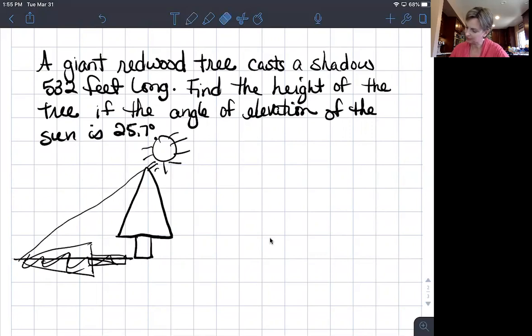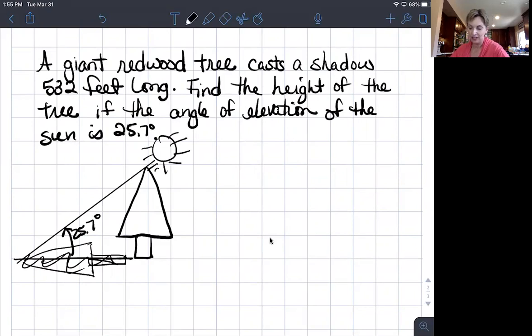Oh, that is not a good straight line. Let's try that one again. All right, there we go. All right, there's my attempt at a drawing. Okay, but it helps me see what's going on. Okay, so the angle of elevation to the sun is 25.7 degrees.